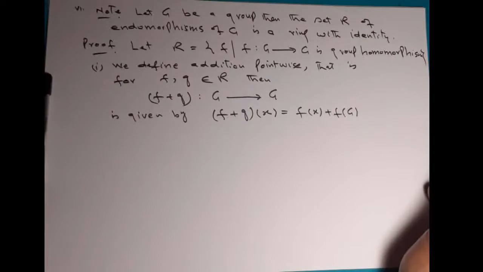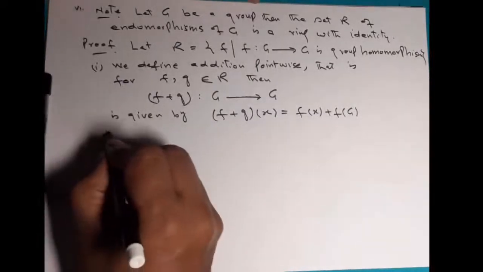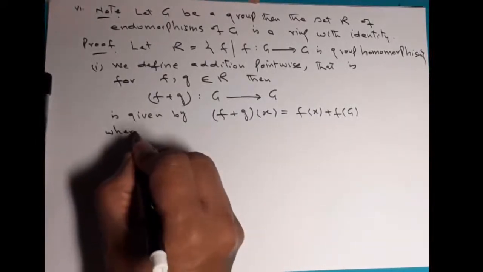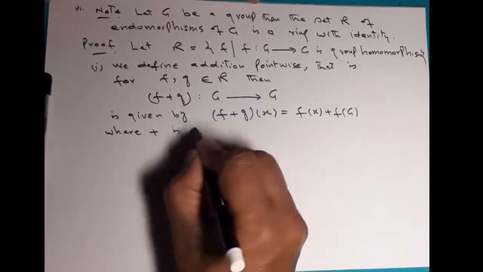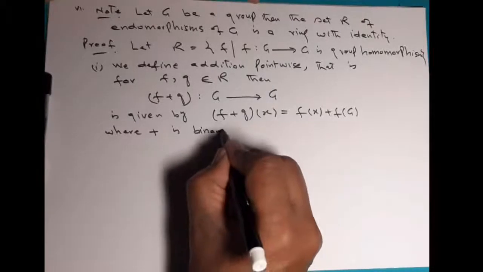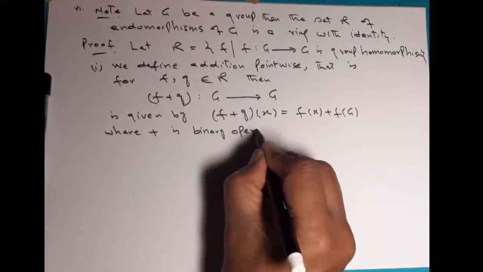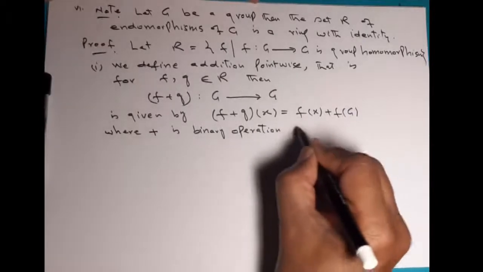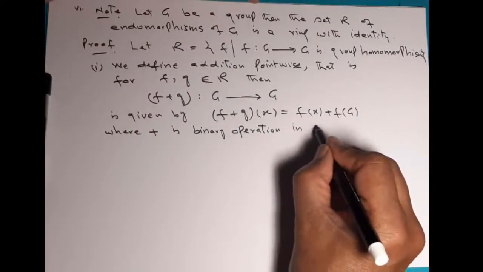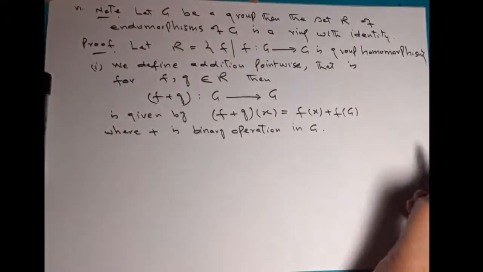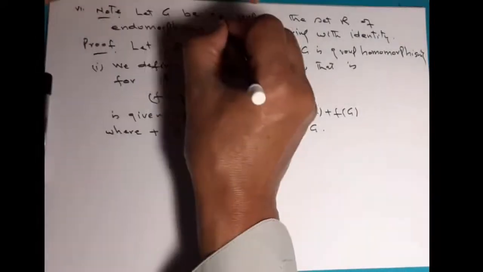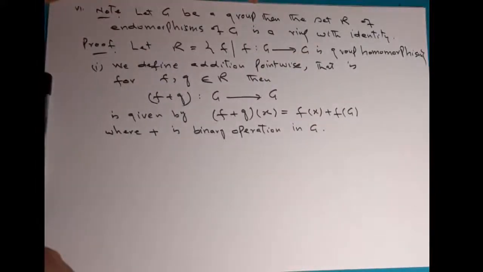Let me remark that the binary operation of group G is addition, and let's take this group G to be an abelian group.